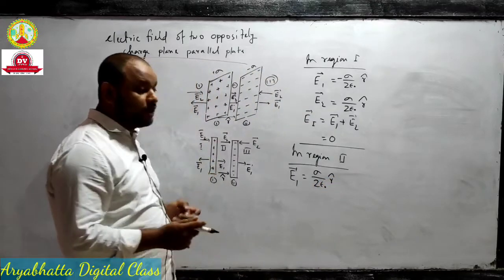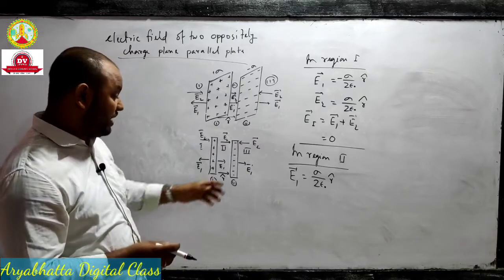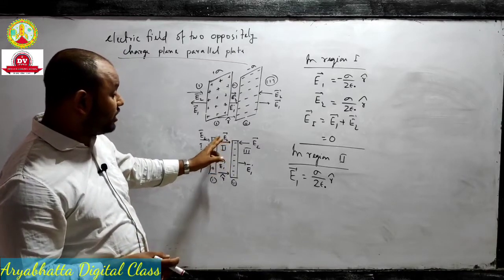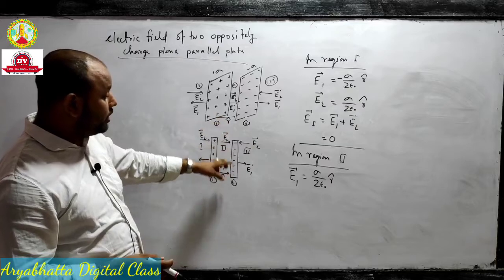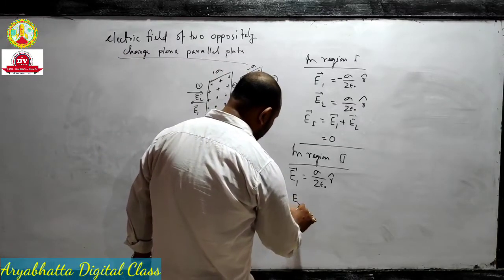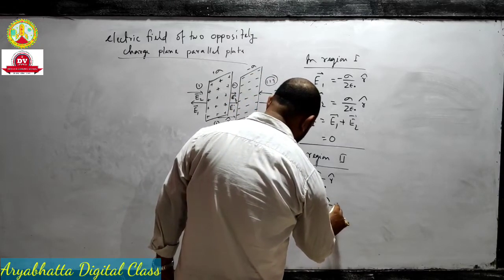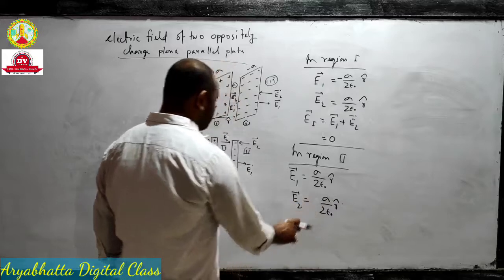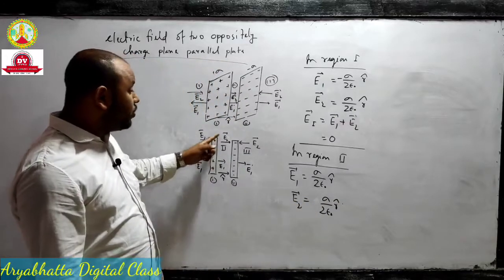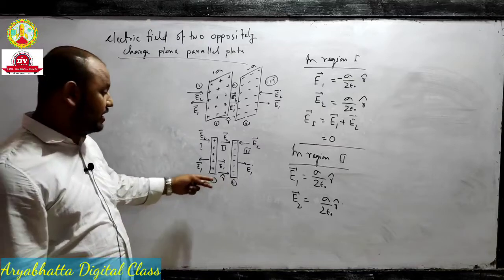And E2 is also the electric field due to an infinite plane sheet, here also electric field E2 is for the negatively charged plane sheet. So E2 is equal to minus sigma divided by twice epsilon naught r cap. So not minus, it will be plus, because here E1 and E2 both are directed along the direction of r cap.